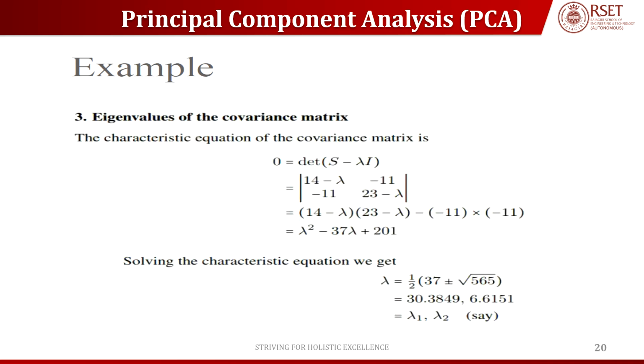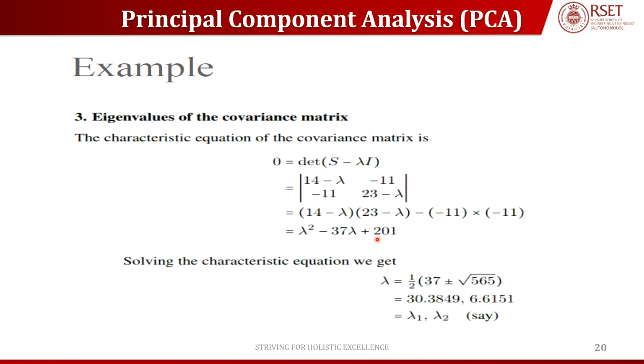Next, we have to calculate the eigenvalues of the covariance matrix. To find the eigenvalues, the formula is the determinant of S minus lambda I is 0, where I is the identity matrix. So we substitute the covariance matrix S and the identity matrix I to get the determinant equation. After that, this is simple maths. We have to solve this determinant equation.